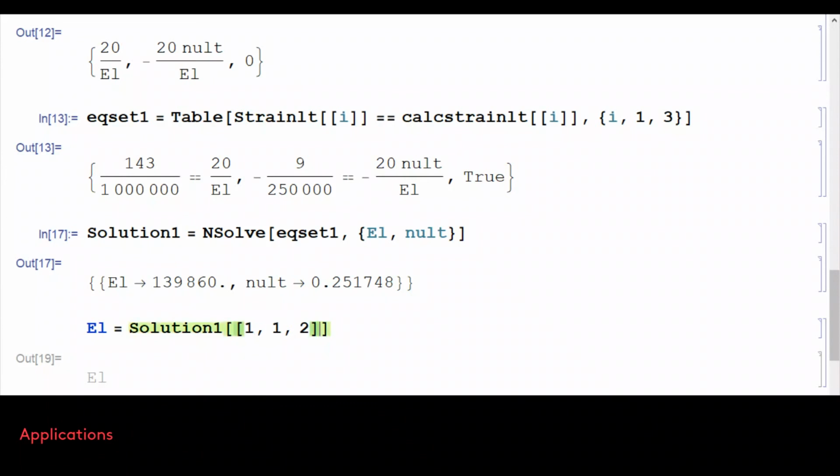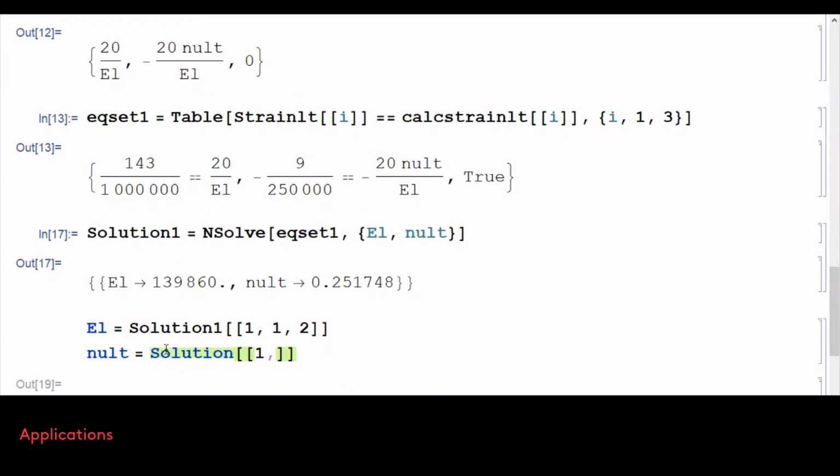Now I will assign the values for the Poisson ratio and longitudinal modulus. In fact, it is the same.